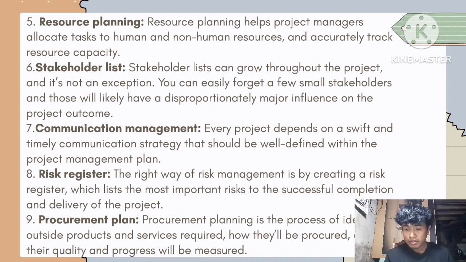Number 9, procurement plan. Procurement plan is the process of identifying outside products and services required, how they will be procured, and how their quality and progress will be measured.